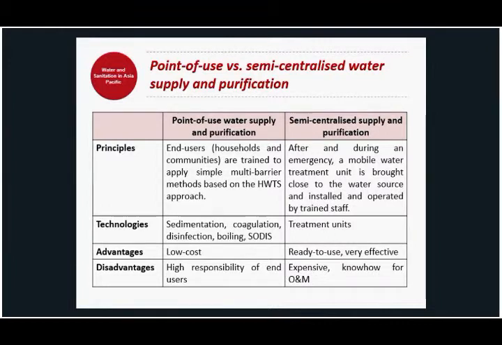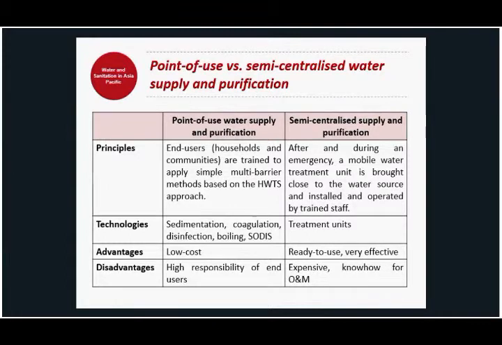So what are the differences? For the point of use, the principle is that the end users, the households or communities, are doing the treatment at the household level. Semi-centralized means operators or staff are operating the mobile water treatment.